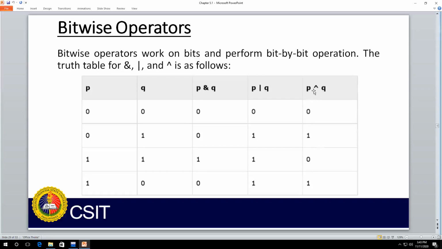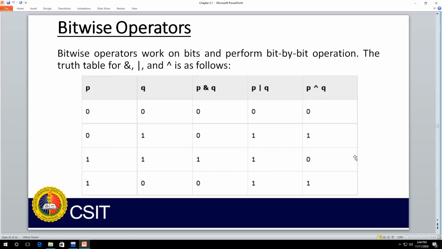On XOR, if both values are 1, it will give you 0 or false. If just one statement is true, it will give you true. But if both statements are true, it will give you false. So you just need to have 1 and 0 to give you 1.